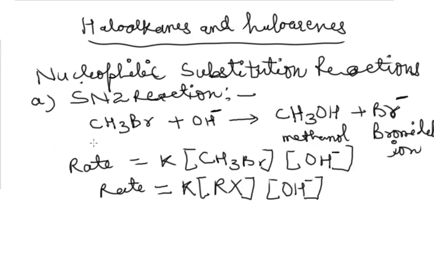This type of reaction occurs in a single step, though with the formation of a transition state. In this type of reaction there is a formation of a transition state, but the reaction occurs in a single step.